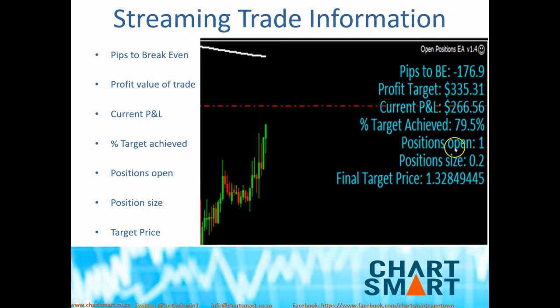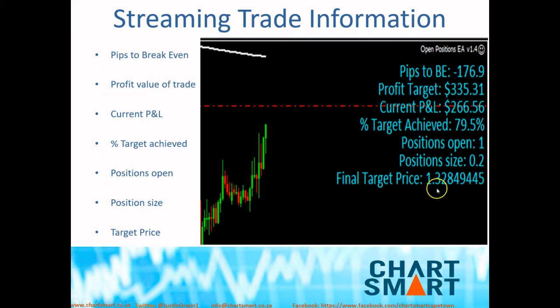This trade manager is going to show you how many positions you currently have open and what is the combined size of those positions. So you can see exactly how much risk you have on the table, how many positions you have open, and how that fits into your overall trading strategy. So for instance, if you only allow yourself a maximum of 5 open positions at a time and you currently have 3 open, you know that you have 2 more that you can potentially open.